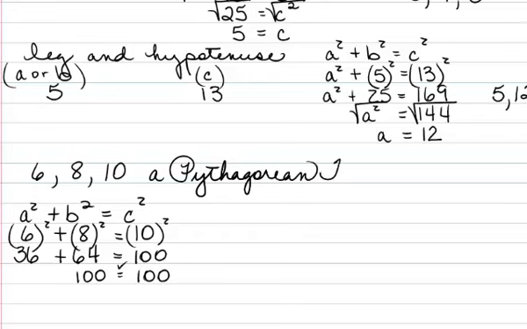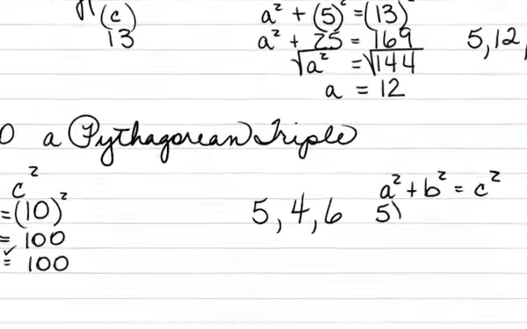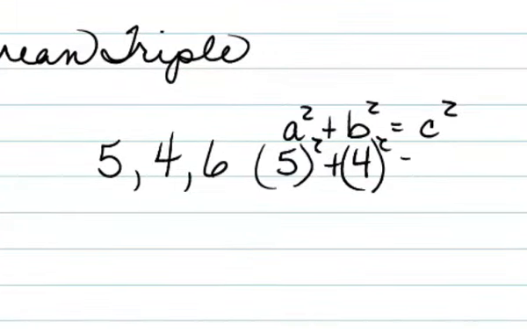Now, an example of one that does not. For example, if we use 5, 4, and 6, then we could substitute A squared plus B squared equals C squared. 5 is A squared, 4 being B squared, and C being 6.